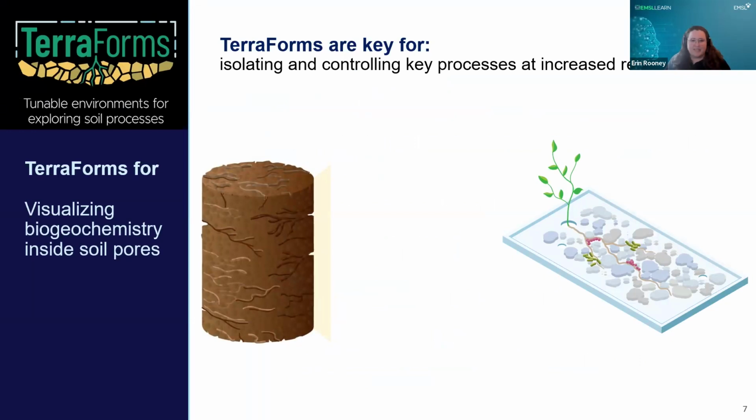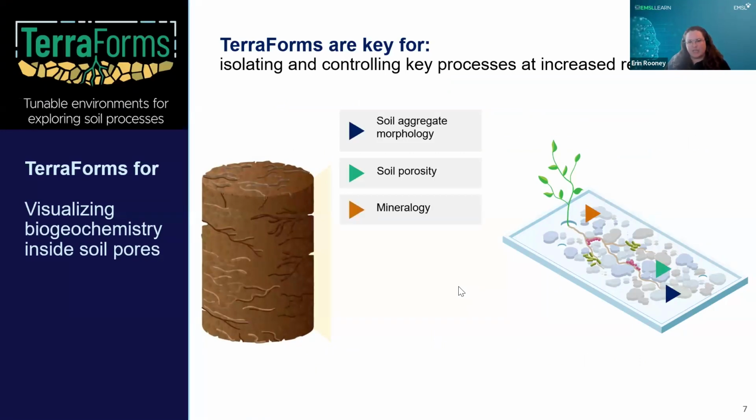We can use terraforms to isolate and control key processes at this really fine scale resolution so that we can look at things like how soil aggregate morphology, porosity, and mineralogy interact, as well as other parameters like plant roots, rhizosphere, microbes and soil organic carbon, as well as nutrient interactions.